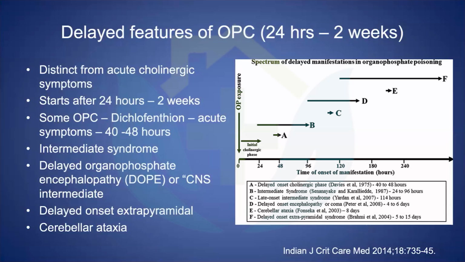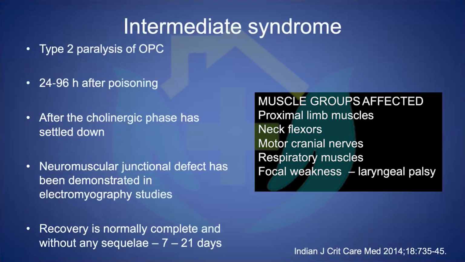What is the intermediate syndrome? Actually, intermediate syndrome is similar to critical illness neuropathy, where the muscle power is very low. The patient is very much conscious and oriented, but muscle power is very low. So treatment for intermediate syndrome is nutrition and exercise.